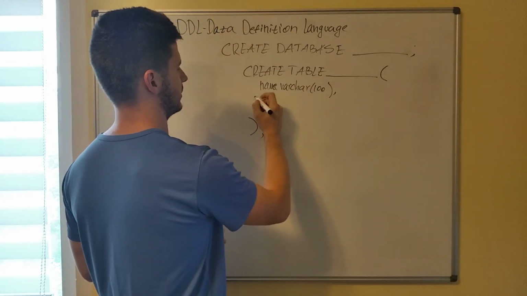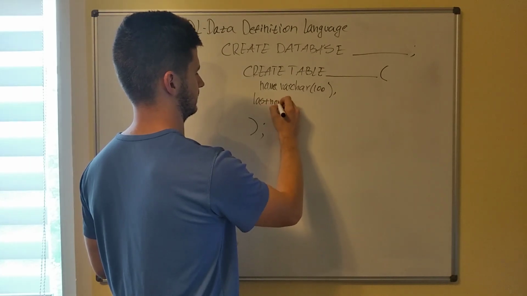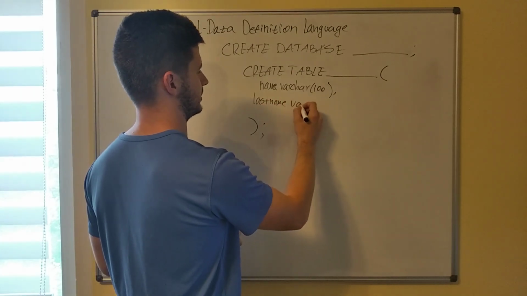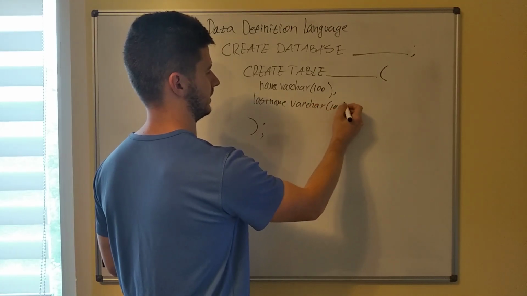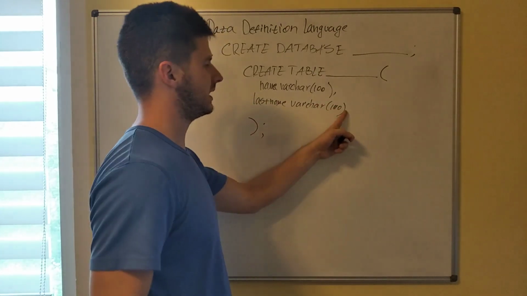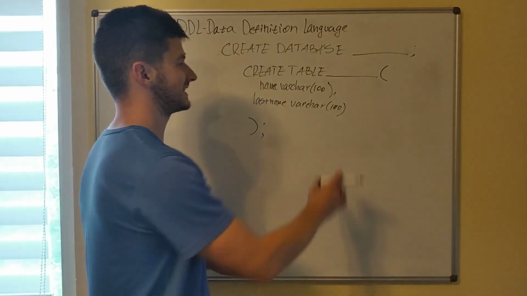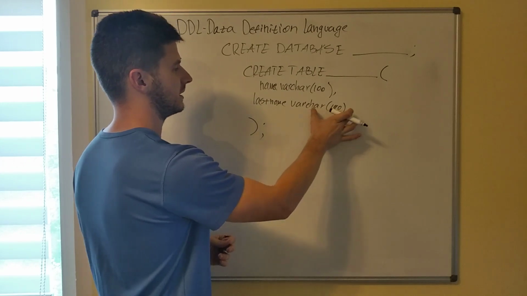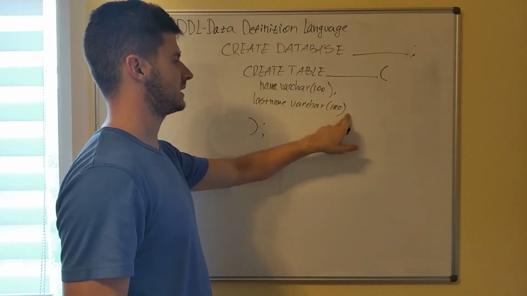The next one is going to be, let's say, last name. Again, it's going to be a VARCHAR, and again 100. And this time I'm not going to put a comma at the end. Why? Because this is the last column that I'm building inside this table, so there's no need to put a comma here.